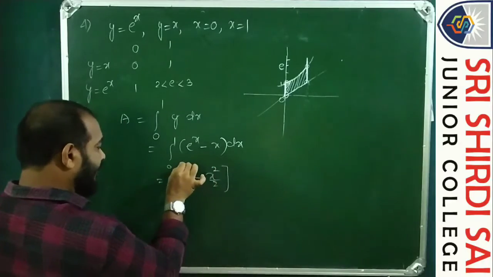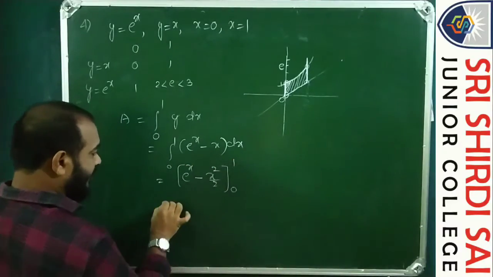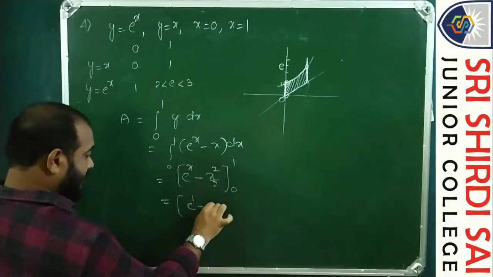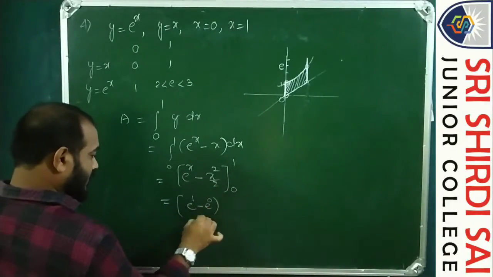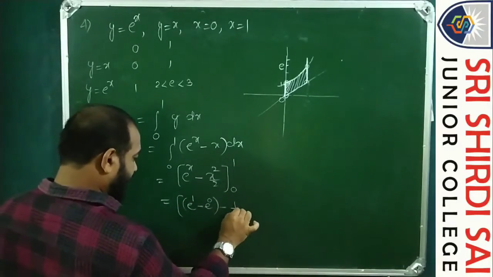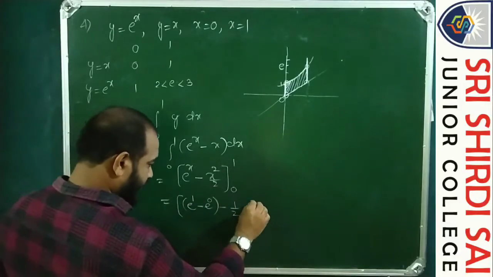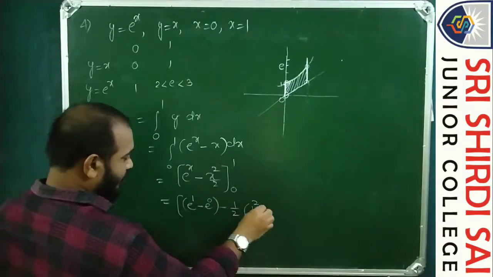Since the process of integration is over, the limits 0 to 1 are to be written here. So e power x with 1 minus e power x with 0, minus 1 by 2 separated out, now x square with 1 square minus x square with 0 square.